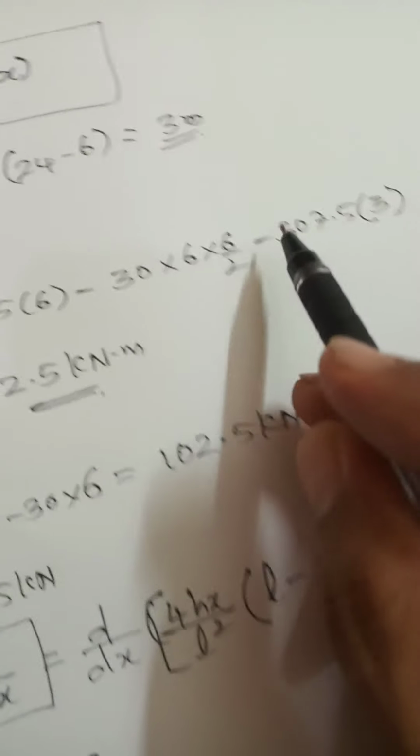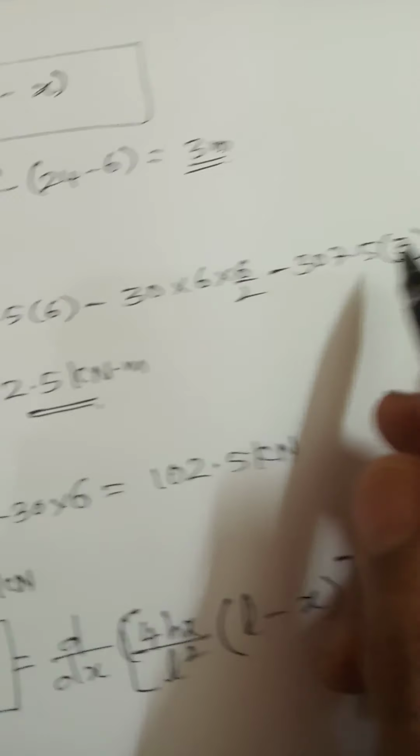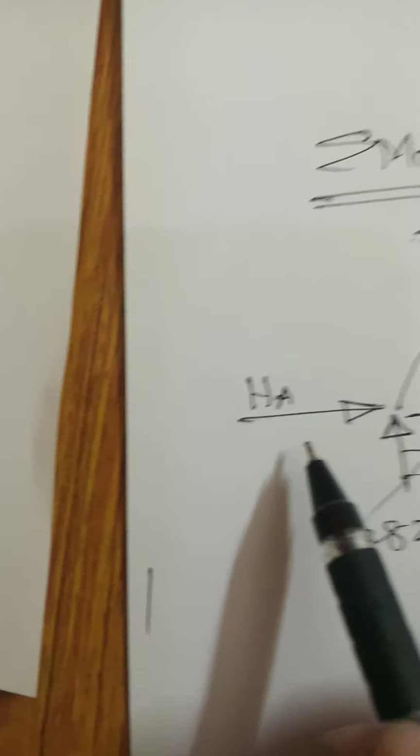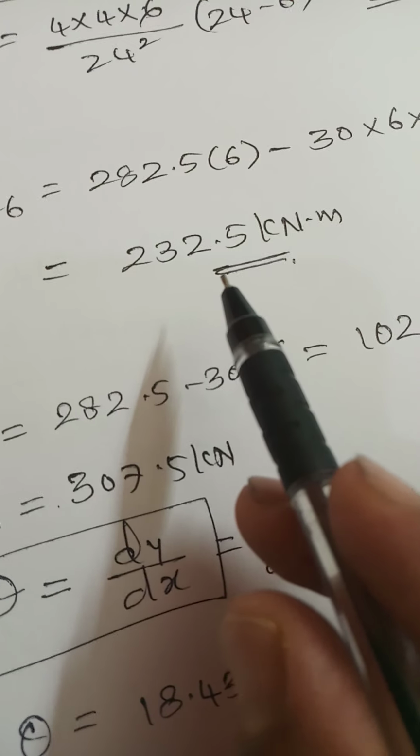Minus the horizontal reaction component we have calculated, 307.5 into 3. So we can calculate the bending moment at x equal to 6 meters, and that is 232.5 kilonewton meters.